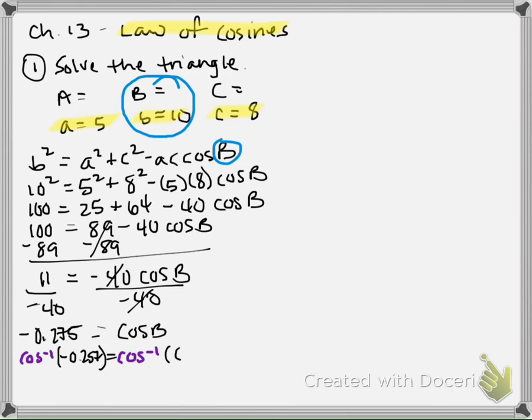An inverse cosine of cosine B. Okay, inverse cosine undoes cosine, so I'm going to get B equals 97.9 degrees. Okay, so that was an obtuse angle, so good thing I did that.